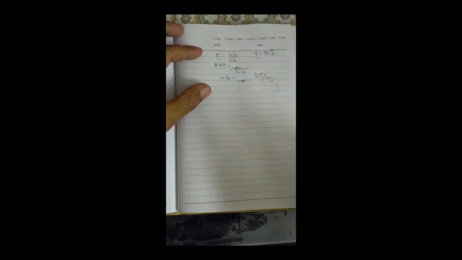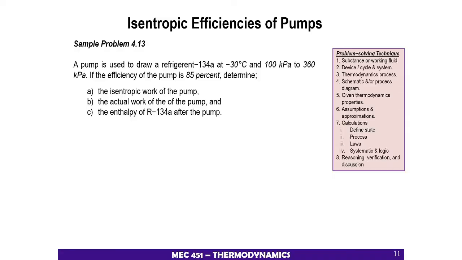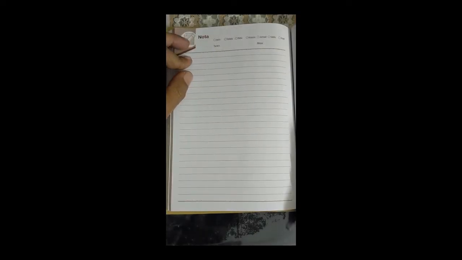Thank you. Sample problem 4.13. A pump is used to draw refrigerant 134a at minus 30 degrees Celsius and 100 kPa to 360 kPa.